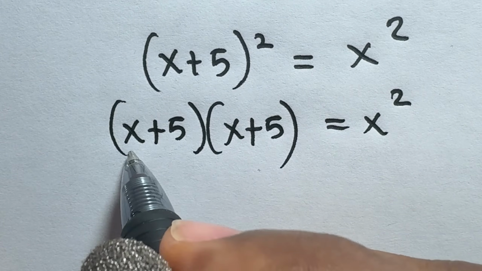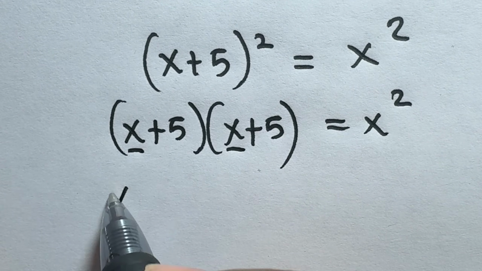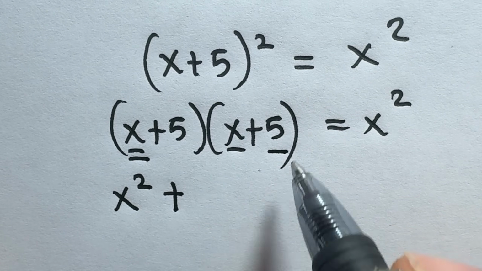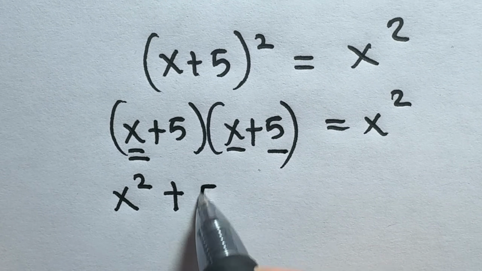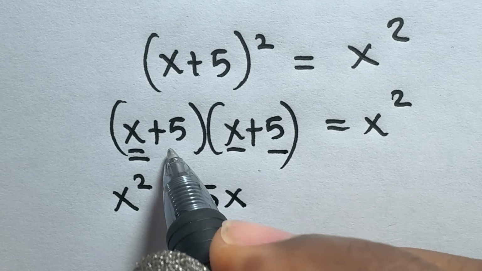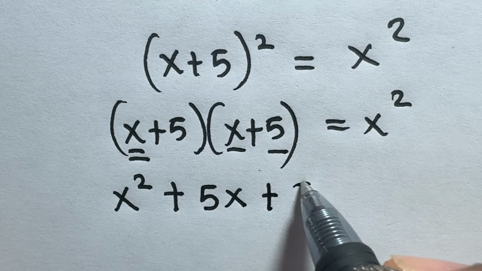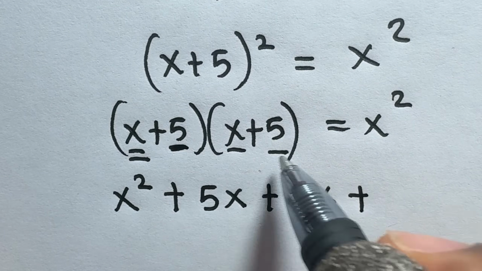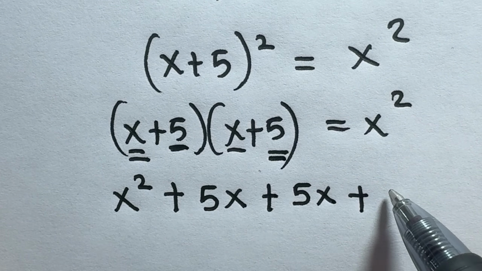This will give us x times x, which is x squared, plus x times 5, this will give us 5x, plus another 5x, then plus 5 times 5. This will give us 25.